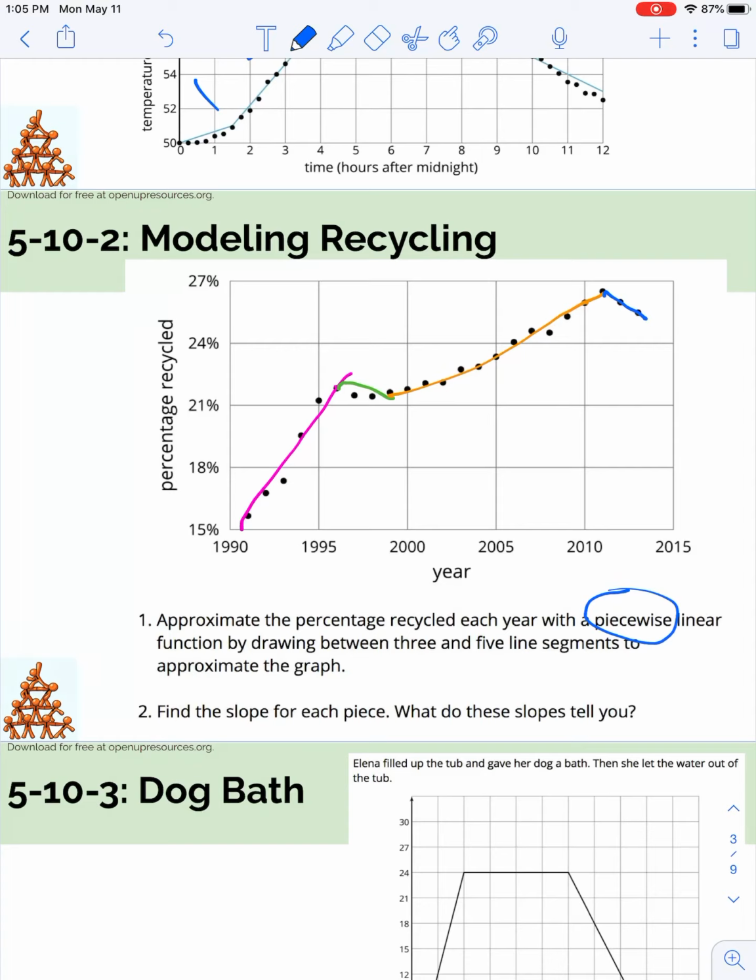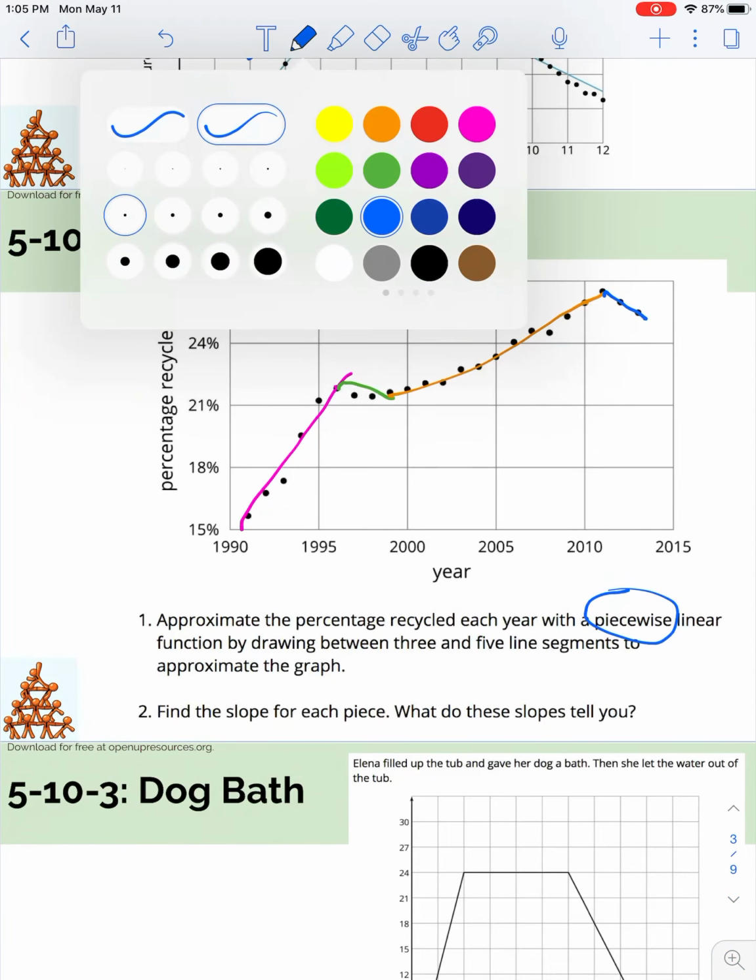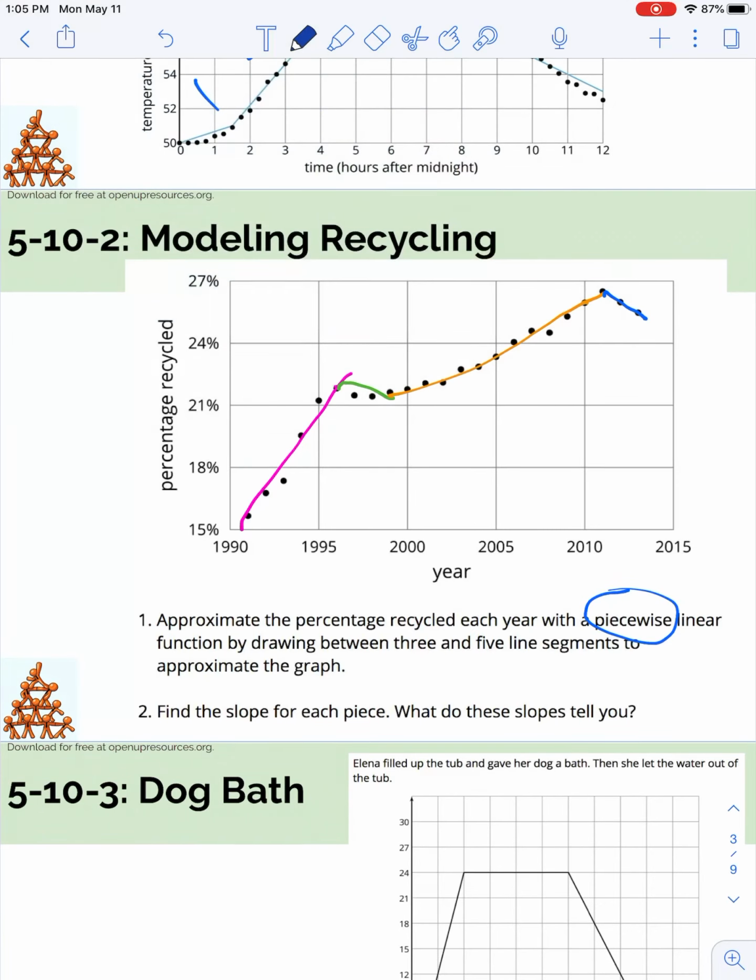So like this first one, if I were to pick 2 points, I could say, okay, 1 point is like this point. That point is what? The year is maybe 1991-ish, and it's at like 16%. And then maybe I choose this one, and that one's at what, like 1996 and about 22%.